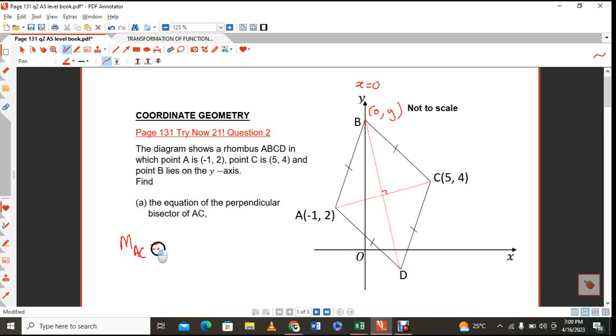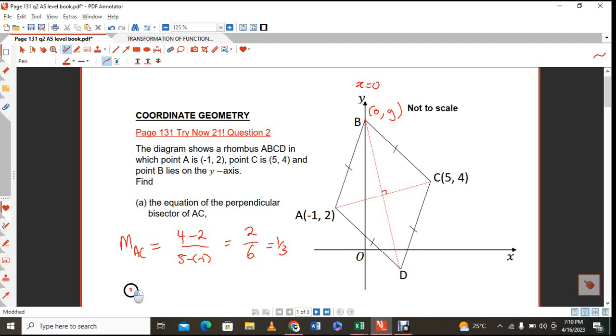So basically, this leaves me with the same where I calculated something before. So we find the gradient of AC, and always take note of your points so you don't make a mistake. It's very easy to make a mistake. So the gradient of AC is going to be 4 minus 2 upon 5 minus -1. Okay, so that gives you 2 over 6, which is basically a third.